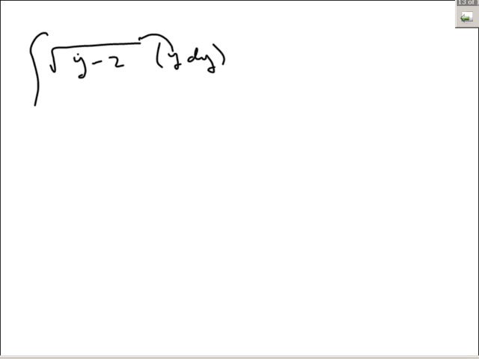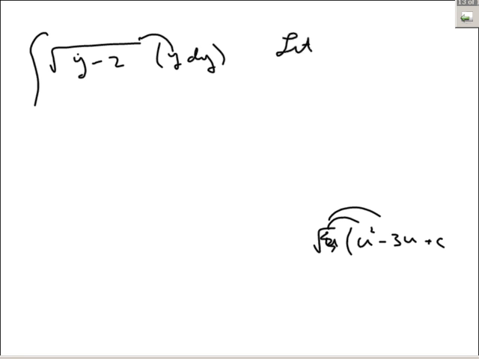I would then call what's underneath the square root sign u. Let u equal y minus 2. I would let u equal what's underneath the square root sign, because if you just had the square root of u and you were multiplying by polynomials in u, you can then distribute.